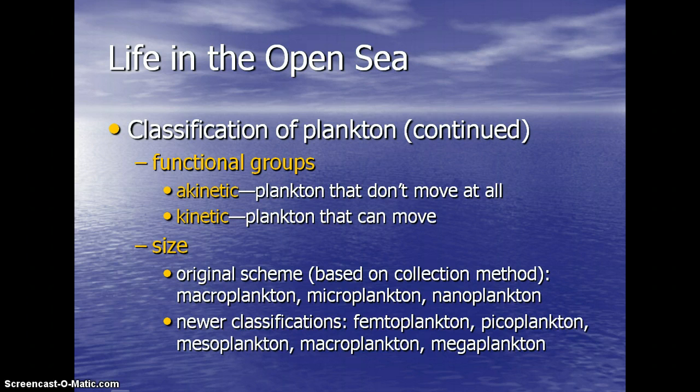So in the femtoplankton we have the teeny tiny plankton like viruses. Whereas macroplankton is plankton up to a certain size, and the megaplankton is the really big stuff. So we separated out and distinguished a little better than we had before.